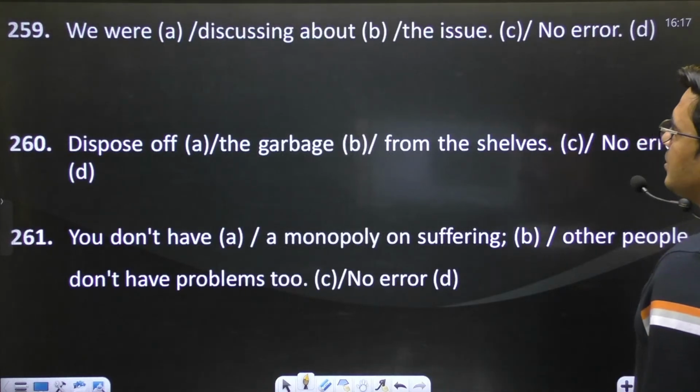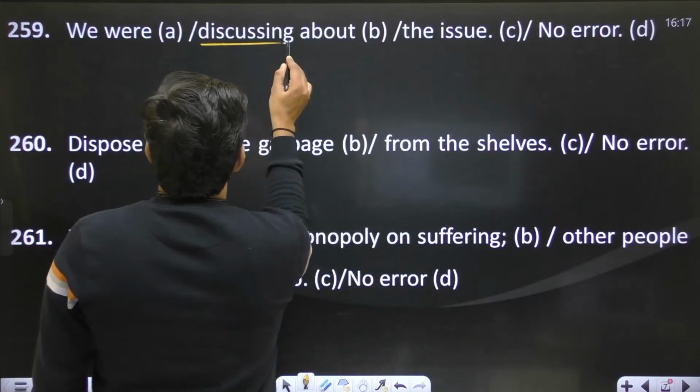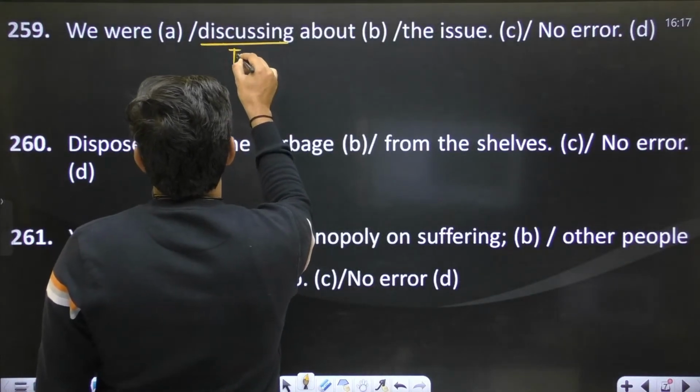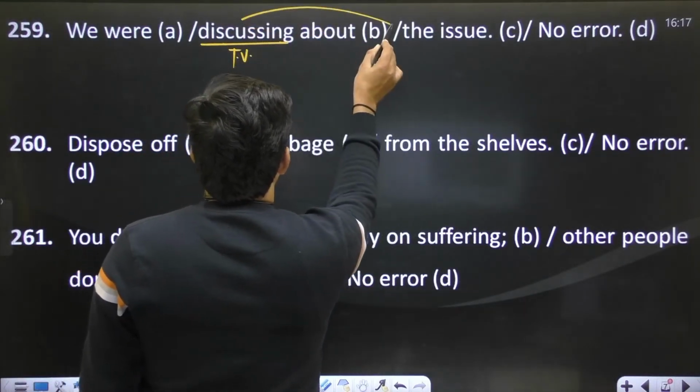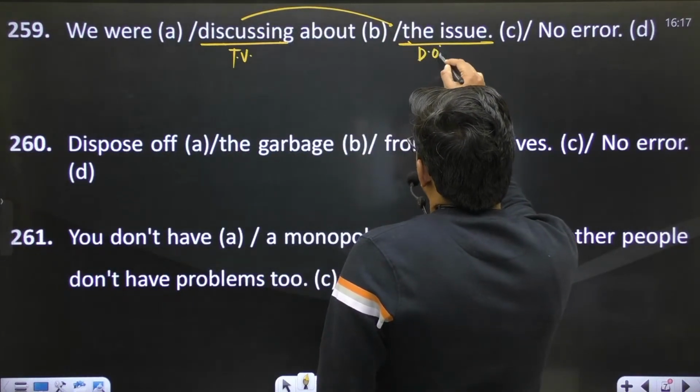We were discussing about the issue. In this sentence also, discuss is a transitive verb, and transitive verbs are always followed by an object. This is a direct object.